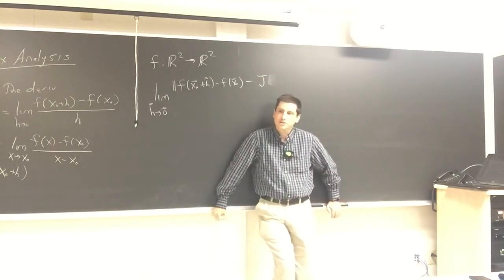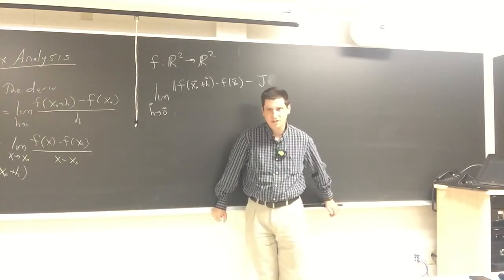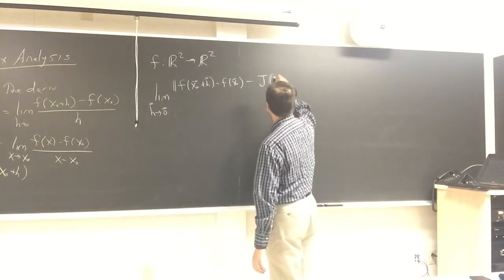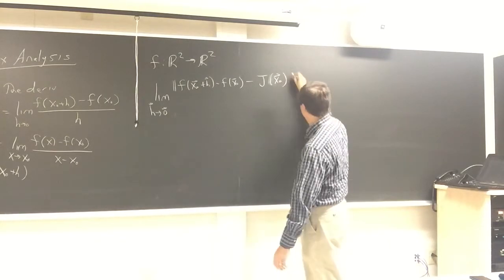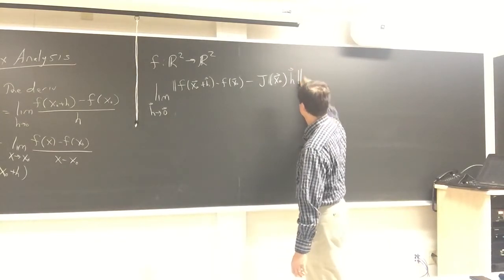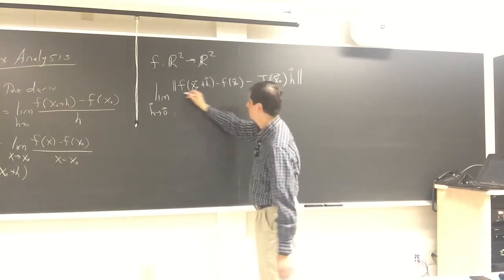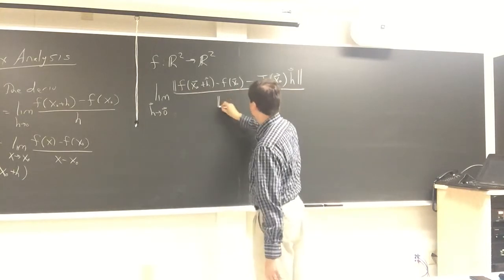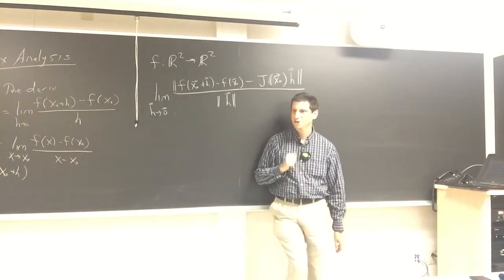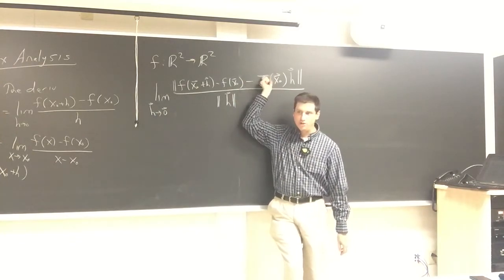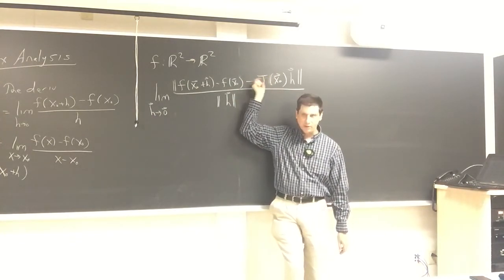You could do j sub x naught or j of x naught times h. So it should somehow depend on the point, and then we should have our h vector over here, and then we divide by the magnitude of h. Excellent. So then we would call this j, that would be the derivative.